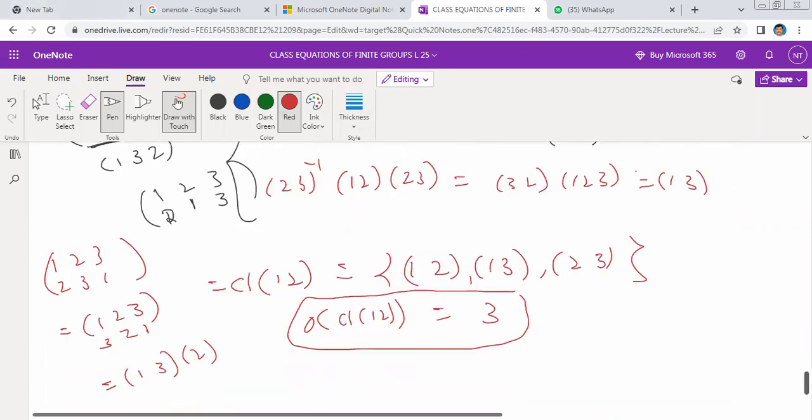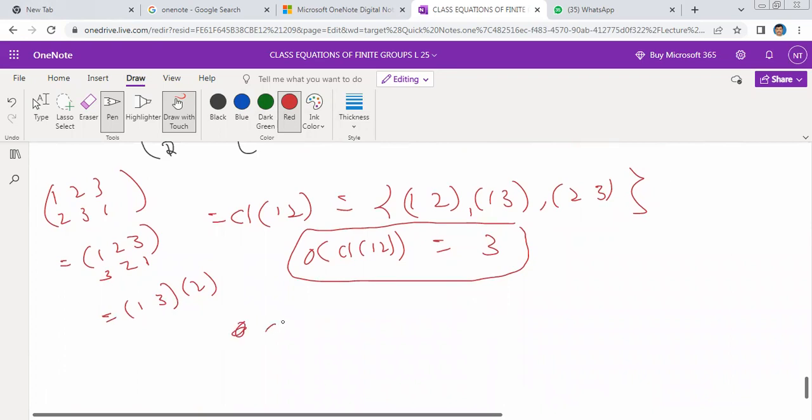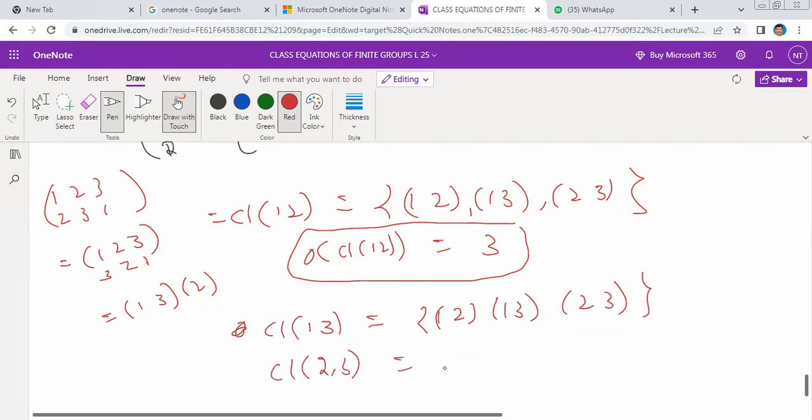ఓకేనా. సిమిలర్లీ క్లాసిఫికేషన్ ఆఫ్ (1 2) ఈజ్ ఈక్వల్ టు 3. క్లాసిఫికేషన్ ఆఫ్ (1 3), I'm writing directly, this is again (1 2), (1 3), (2 3). ఈ రెండు సేమ్ వస్తాయి. క్లాసిఫికేషన్ ఆఫ్ (2 3) కూడా (1 2), (1 3), (2 3).